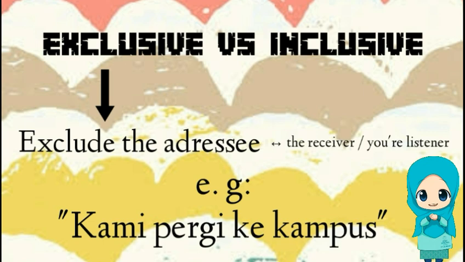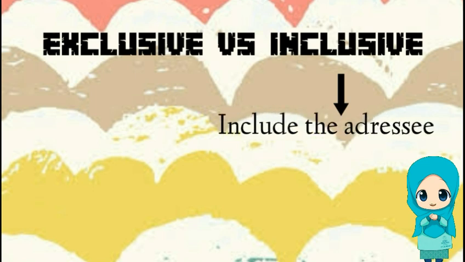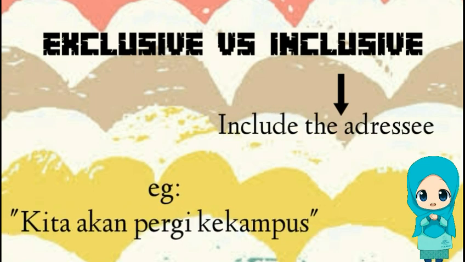The morpheme kami there excludes B, the addressee. Next, what is inclusive? Inclusive includes the addressee. For example, when A talks with B, A says, kita akan pergi ke kampus. The morpheme kita includes B, the addressee.